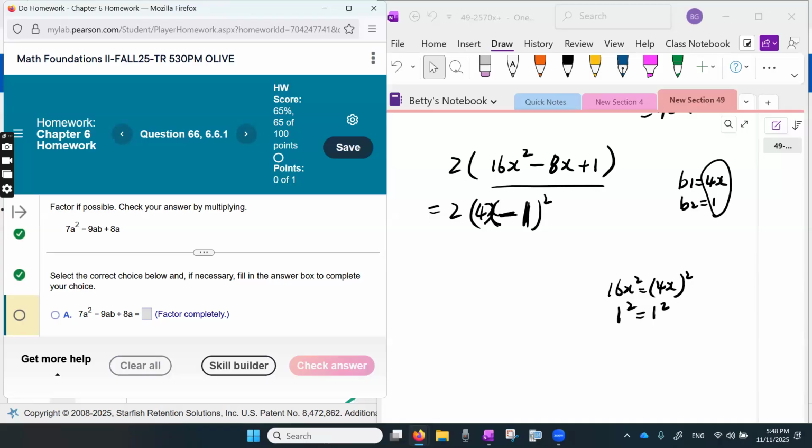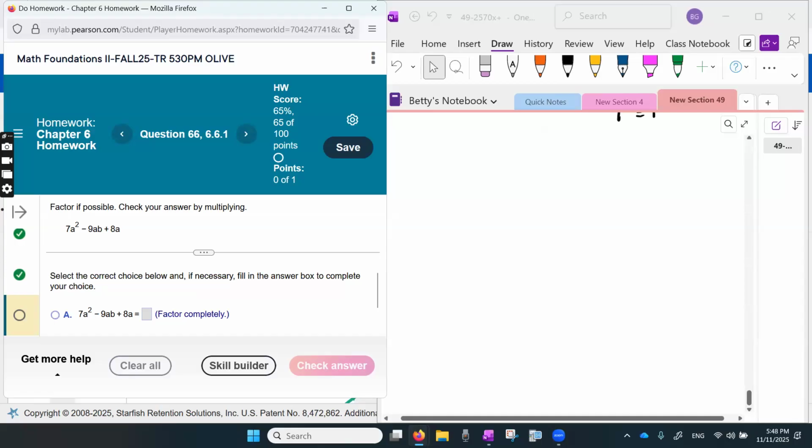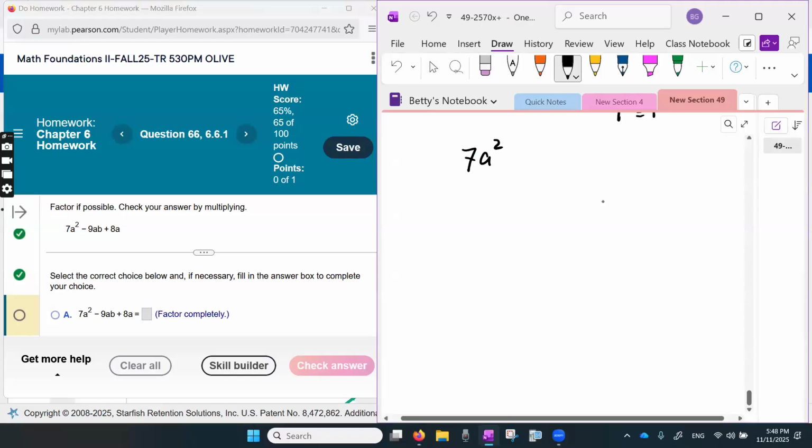All right, 7a squared minus 9ab plus 8a. Is this trinomial factorable? Let's see. This trinomial has two variables, right? Good news is this trinomial has GCF. Yeah, we're gonna factor it out.